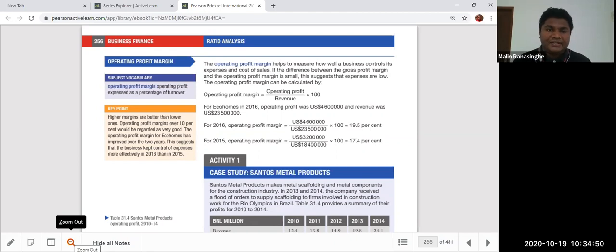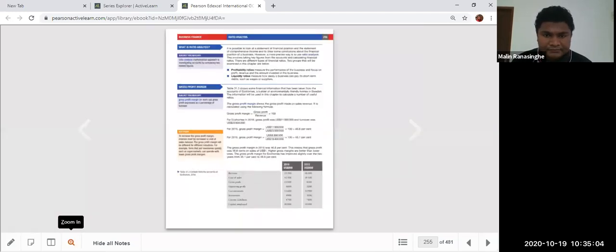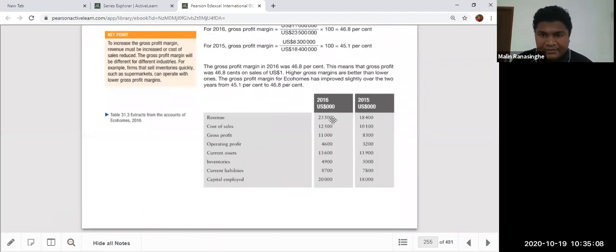Operating profit margin is the operating profit expressed as a percentage of turnover. This case is also linked to the previous question. This business's revenue went up from 18.4 to 23.5.